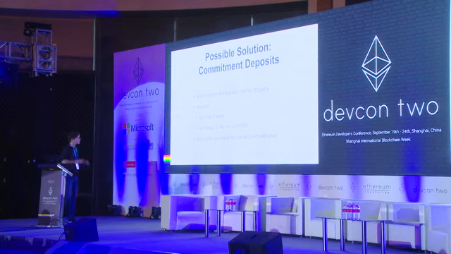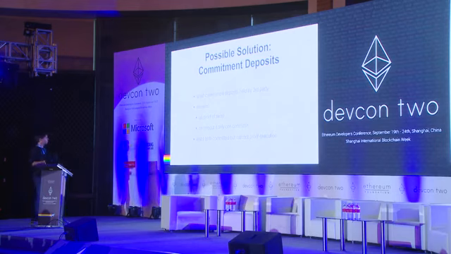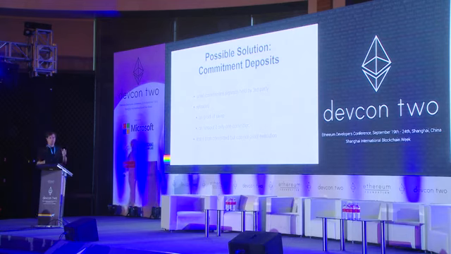So the solution could be that you work with a third party. Basically, the free option problem is only solvable with a third party. That third party would offer to take commitment deposits from both parties and notify both parties if both are committed to do that off-chain token swap.